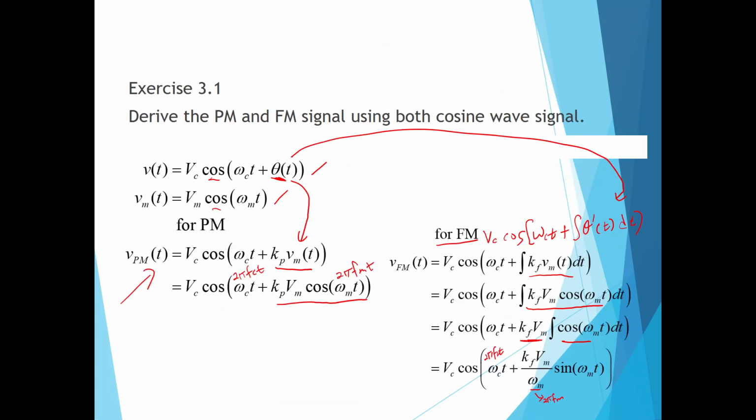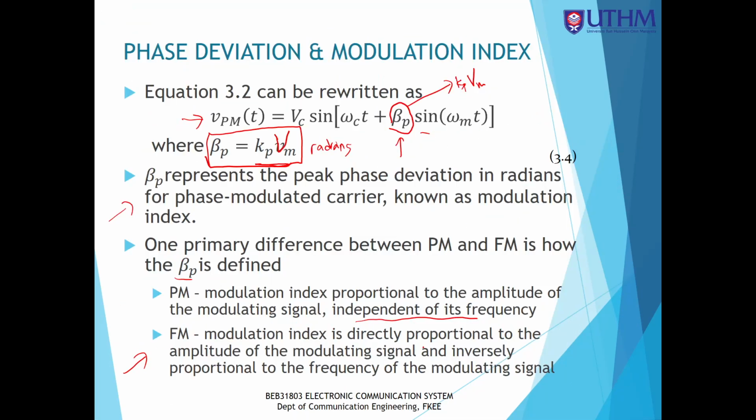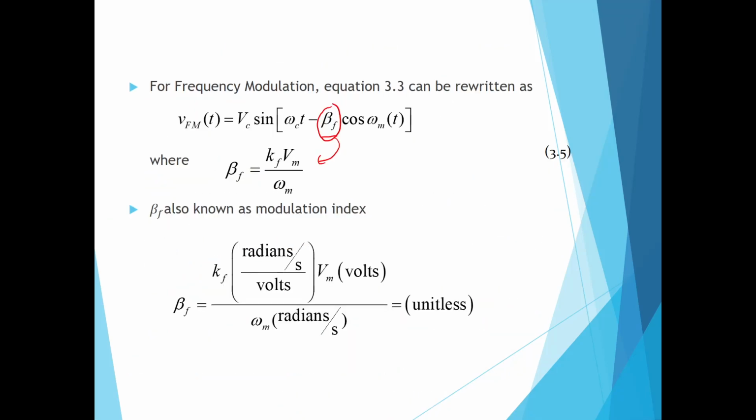So this is beta F. Beta F is equal to Kf Vm over omega m, or you can write it like this: Kf Vm over 2 pi fm. In this case, Kf is in radians per second per volt.